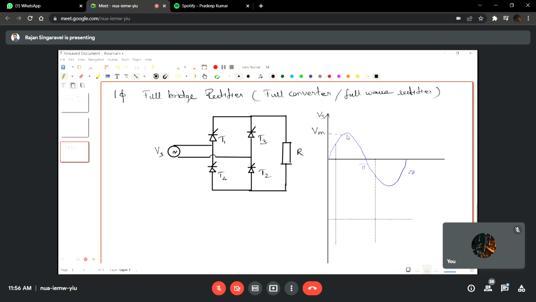So in the output waveform, we can see the output will be available from this alpha onwards.